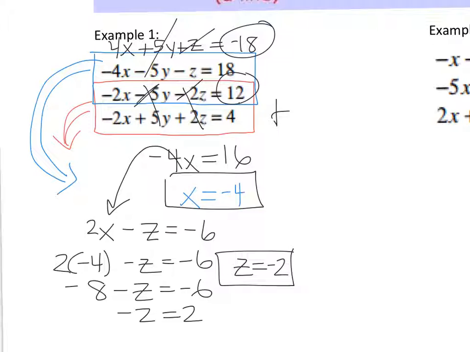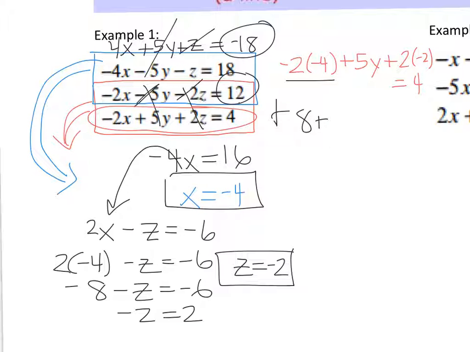To get y, you can substitute into any one of these equations. I'm going to use the last one, and put my x in. So I have negative 2, and my x is negative 4, plus 5y, plus 2 times negative 2 equals 4. Simplifying, I get 8 plus 5y minus 4 equals 4.